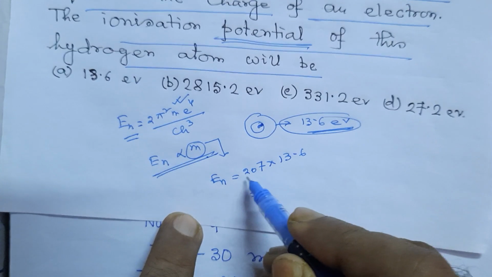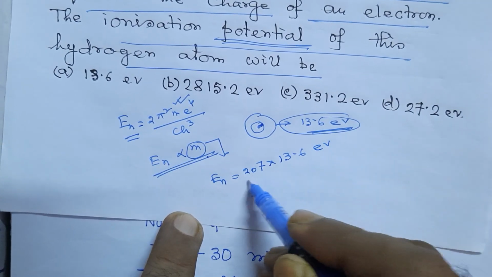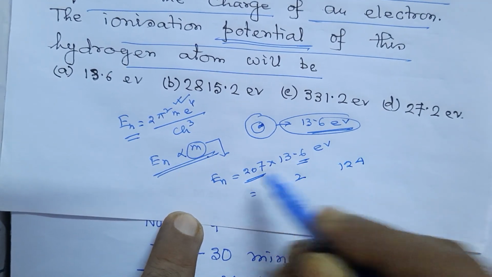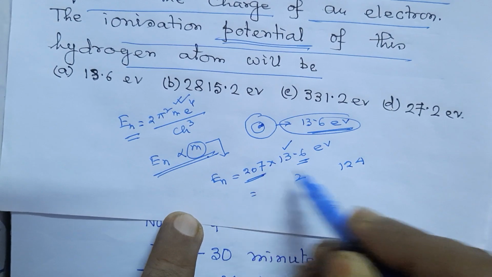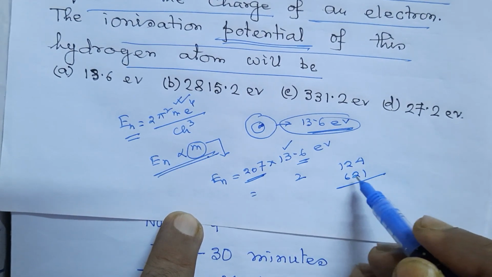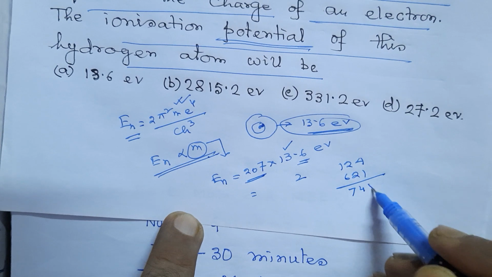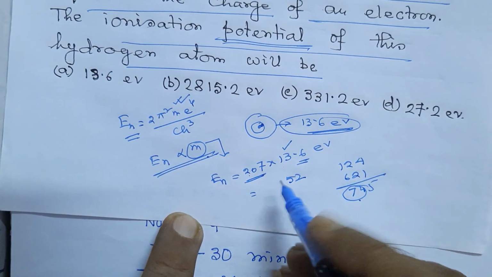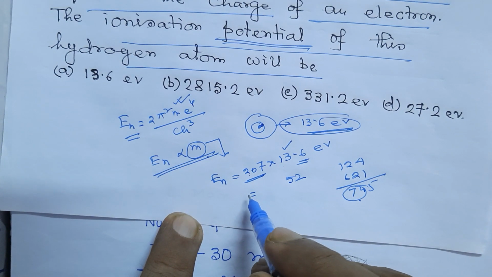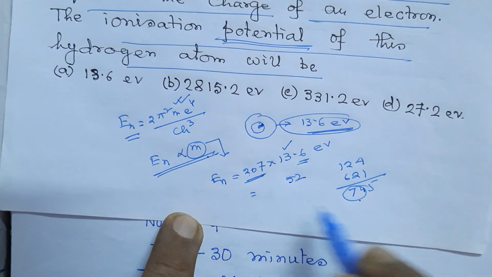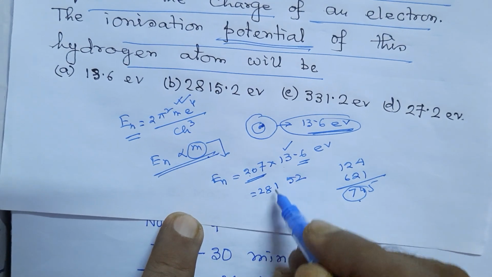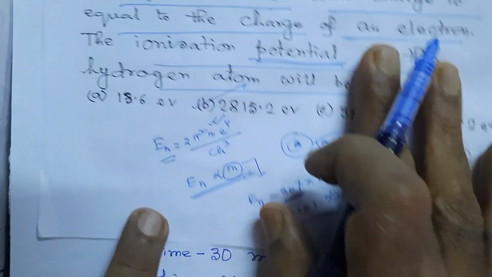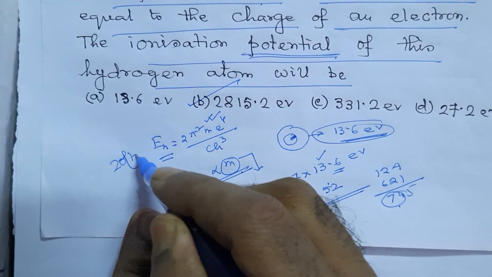So the energy will be 207 into 13.6 electron volt. 207 into 6 is 1242, 207 into 3 is 621, plus 124, that gives 2815.2. That is B. So the correct answer to question number 20 is B.